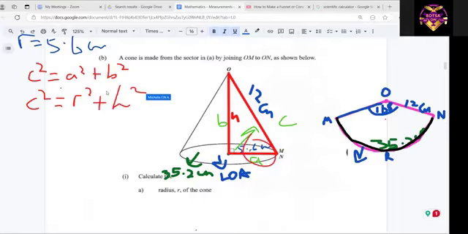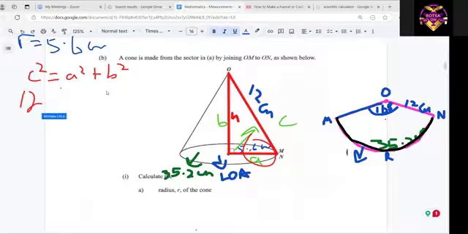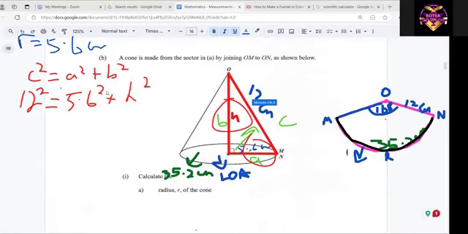It doesn't really matter, but I'm just going to stick to the general format. So C squared, we know that is 12 squared, is equal to A squared, which is 5.6 squared, plus B squared, or you could put it as H squared, because B is the height, right?